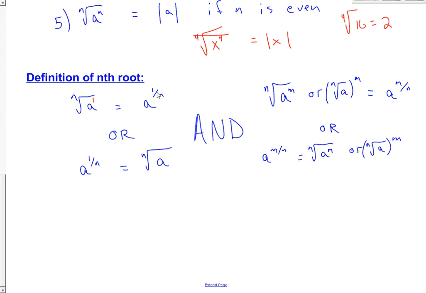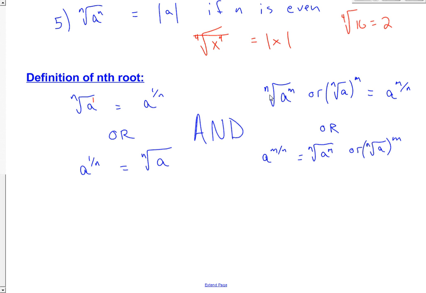So n becomes the denominator. If I have the exponential form, I can rewrite that in radical form by taking the number that's the denominator and putting it as the radical value. So just going backwards.